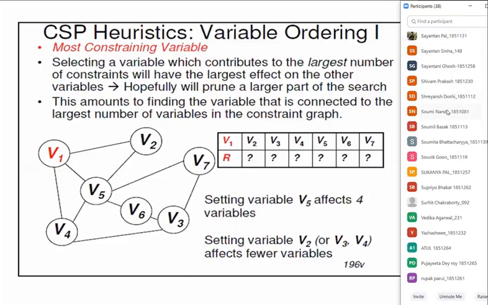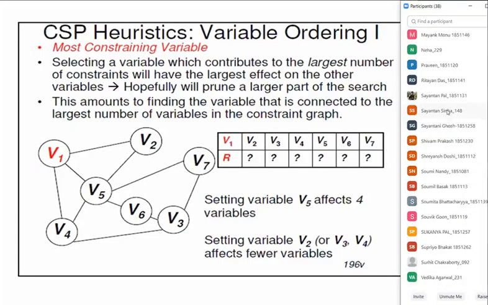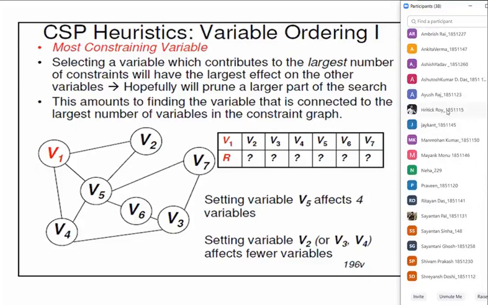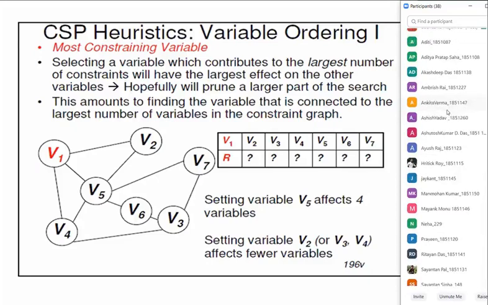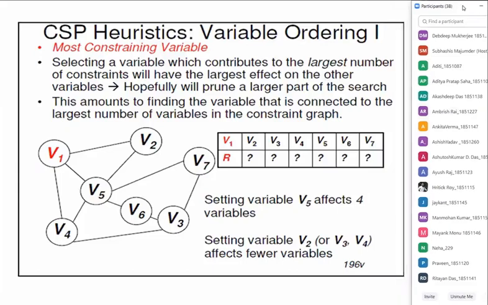The general philosophy is, whenever I assign a color to a particular vertex, that means I assign a value to a particular variable, it goes ahead and in turn produces many more constraints on the other variables. Like, this variable cannot get this color, that variable cannot get this color, like that. Now, obviously, ultimately I color V1 as red, V2 as magenta, V3 as blue, V4 as black, and whatever.